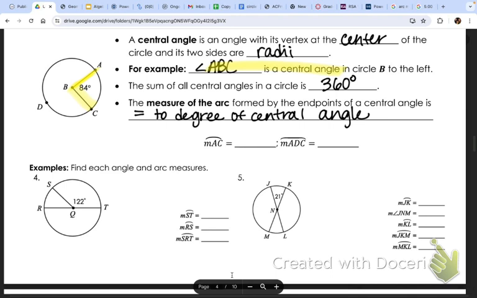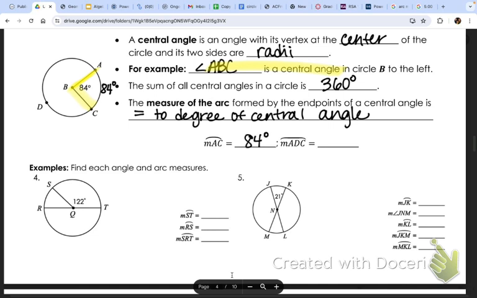And so it's saying measure of arc AC. We measure arcs and angles exactly the same way. And so what you see here, if the central angle is 84 degrees, the arc measure is also 84 degrees. So measure of arc AC is also 84.